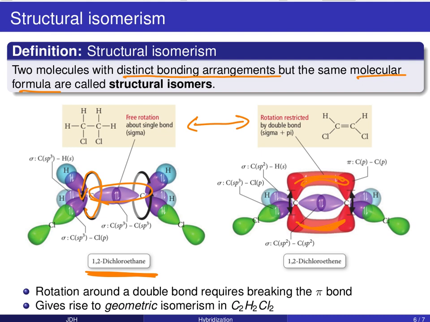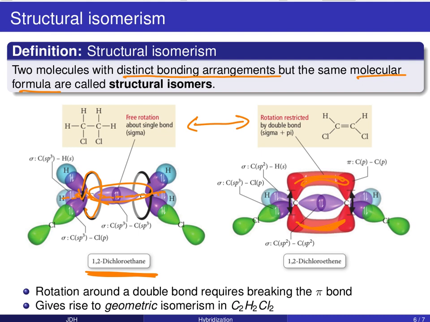It is a cylindrically symmetric electron distribution. So if I draw an axis right through the carbon-carbon bond, that electron density is symmetric around that axis. So spinning around that axis does not actually affect the overall orbital overlap, and hence it doesn't change the bonding interaction. You maintain that single bond no matter what you do.